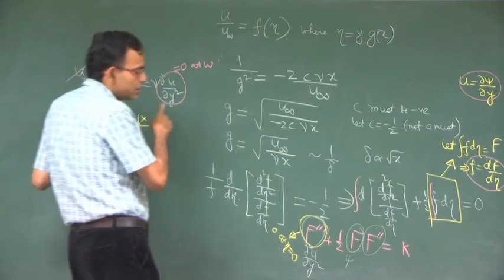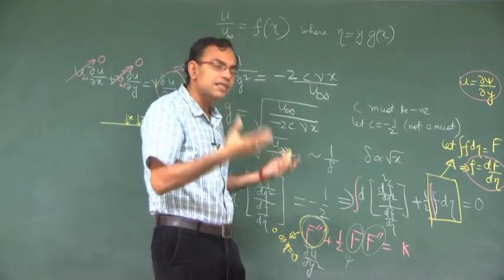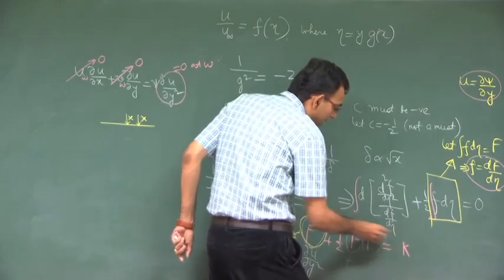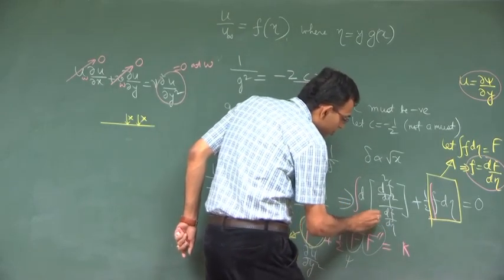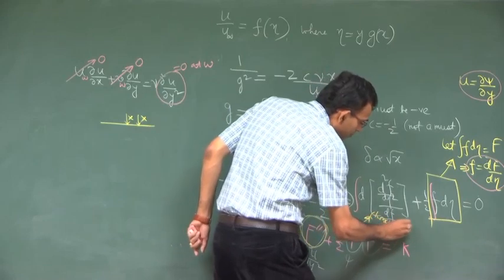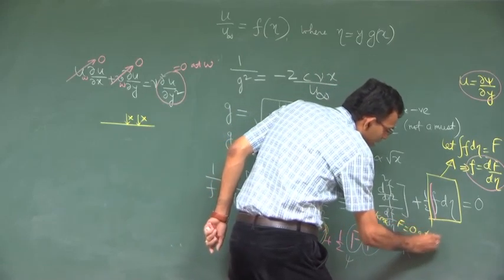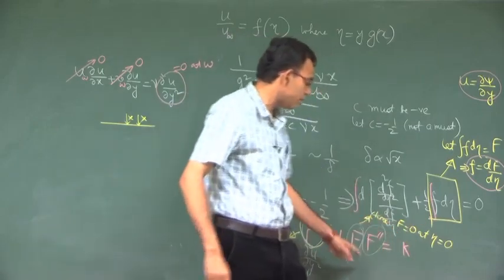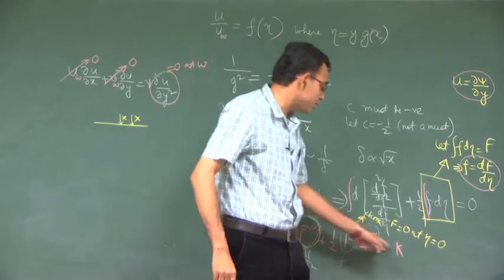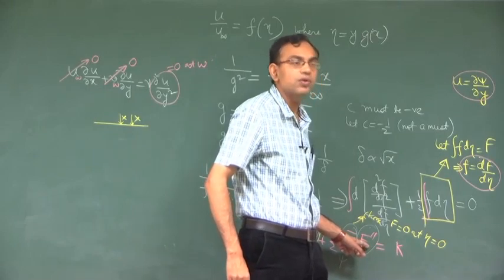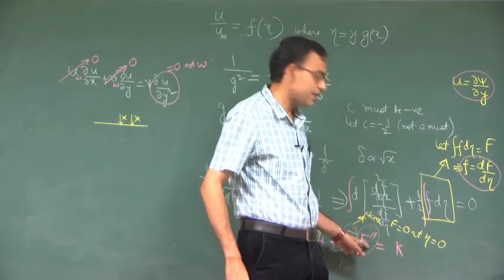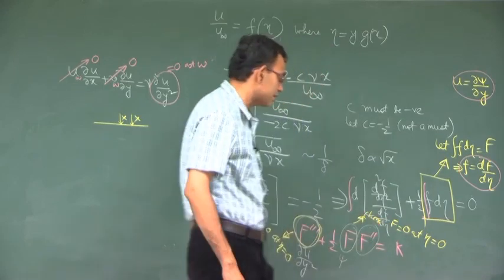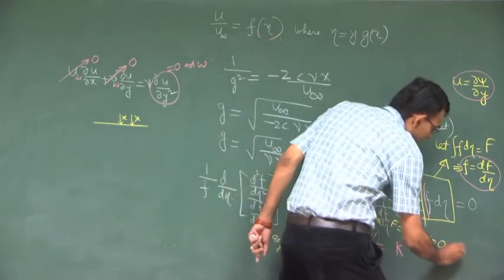So, the psi equal to constant can be chosen as anything. So, for our benefit to set this constant to our liking, we choose that f is equal to 0 at eta equal to 0. We could choose anything instead of 0, 1, 2, but whatever we had chosen, then this k would be dependent on this at the wall, that we do not know. So, to fix it up, the best is to set it 0, so that the value of this at the wall does not matter, and then this means that k is equal to 0.